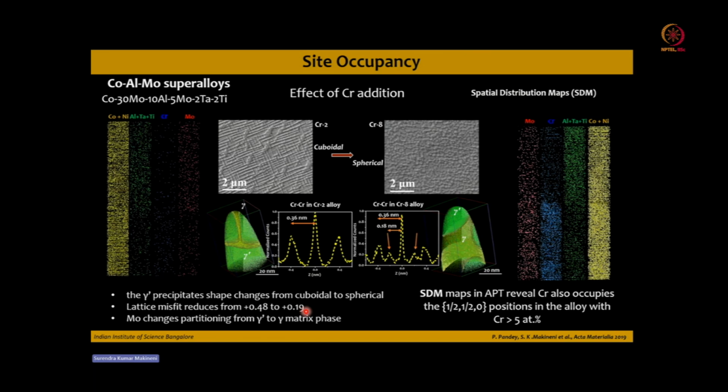Due to the decrease in the lattice misfit, you can see a change in the morphology. This will have a direct impact on the creep properties of this alloy, which is for high temperature, high stress applications. So this is how we can use the site occupancy to correlate to the microstructure obtained, which governs the overall creep property of that alloy.